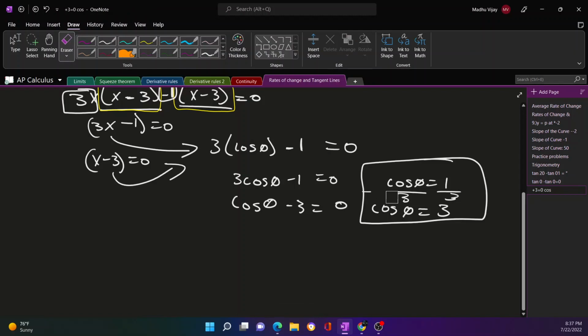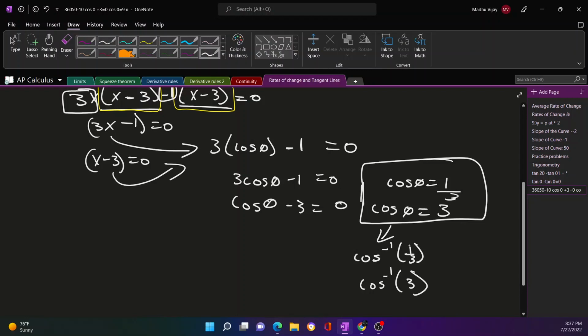So that would just be cosine theta equals 1/3. So you can put these into the calculator and it'll spit out the value for you, but most people can just leave it like this. If you were to put this into the calculator, you would have to do cosine inverse of 1/3 and then cosine inverse of 3. And this should give you the answer.